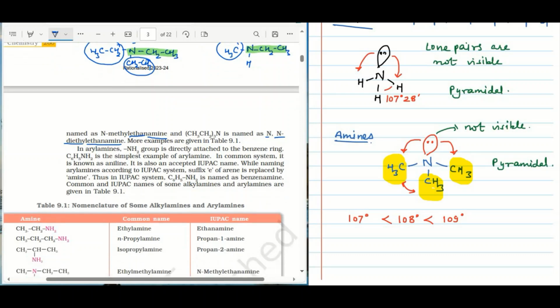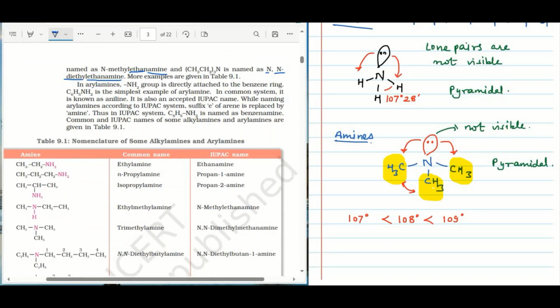Now come to the aryl amines. In aryl amines, the NH2 group is directly bonded to the benzene ring. Here C6H5NH2 is the simplest example of aryl amine. In the common name system, it is known as aniline. It is also an accepted IUPAC name.